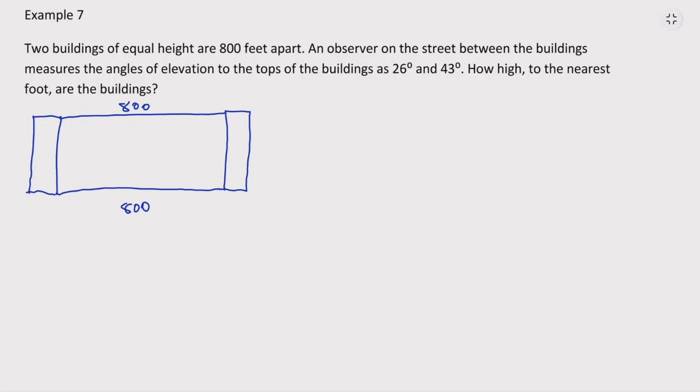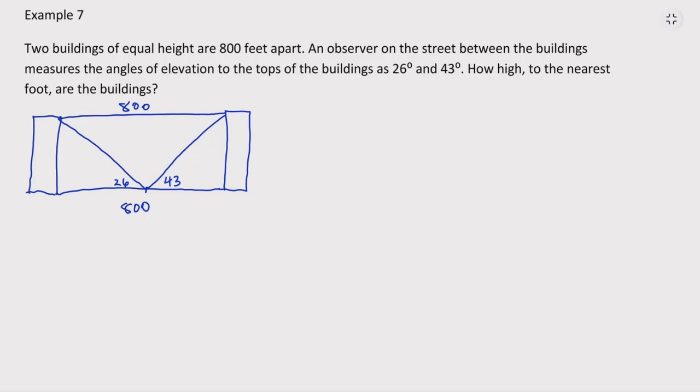Okay, so if there's an observer standing down here somewhere on the street, and this observer is looking up at both of these buildings, we're going to get a shape like this, and these are right triangles. So it said this is 26 degrees and this is 43 degrees.